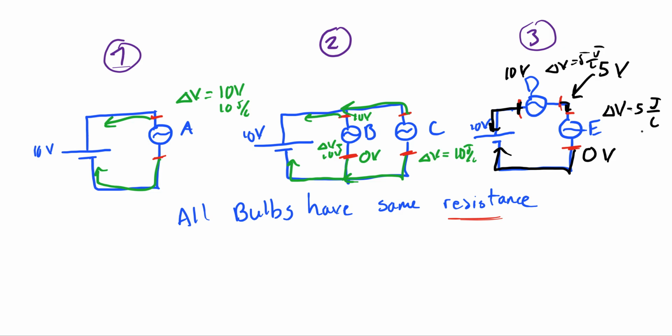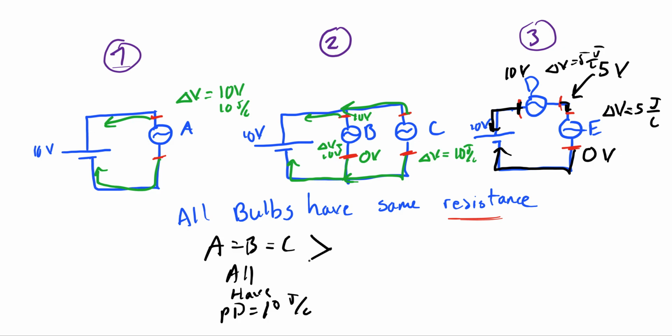So to figure out which one of these lights is the brightest, it has to have the most potential difference. And I can see that A equals B equals C because they all have a PD, potential difference, of 10 joules per coulomb. So they all are using that much energy.